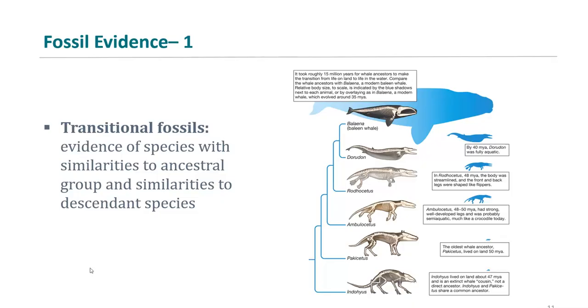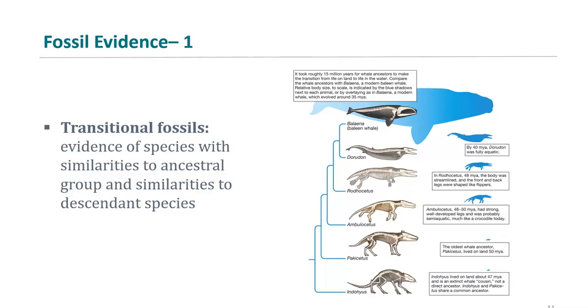Now for fossil evidence, fossils provide a historical record of what has happened to life on Earth. It shows how species have changed over millions of years. And transitional fossils are part of this evidence. One of the most well-known transitional fossils is called Archaeopteryx.